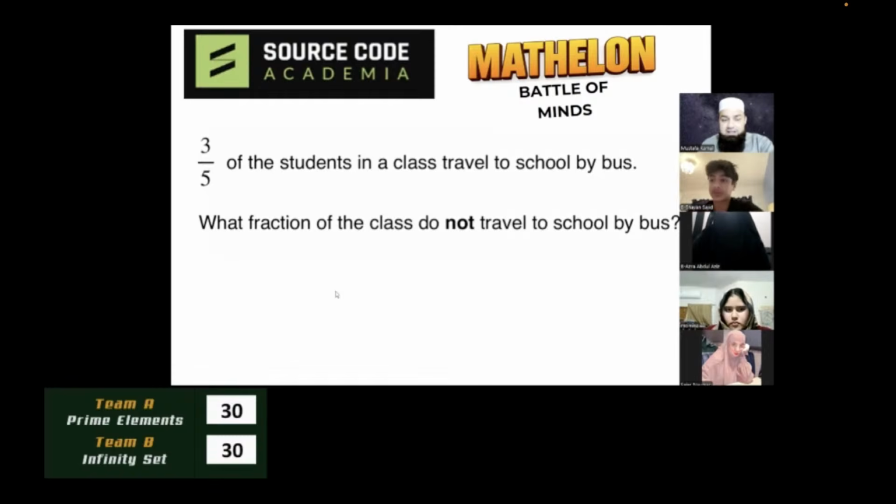If 3 out of 5 students travel to school by bus, then 2/5 of the students do not travel by bus. It's the complement, or we can just subtract. This may be the complementary event or the complementary probability as well, and that is a fraction as well.